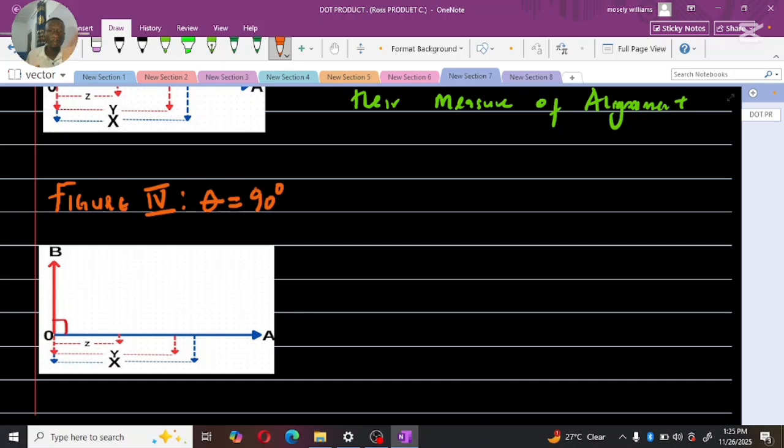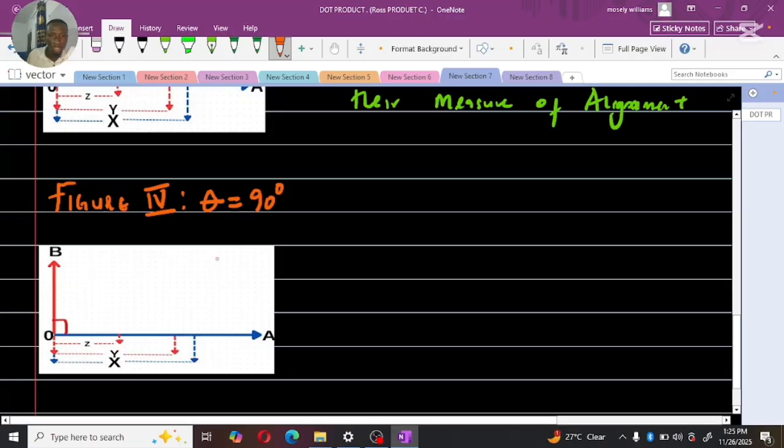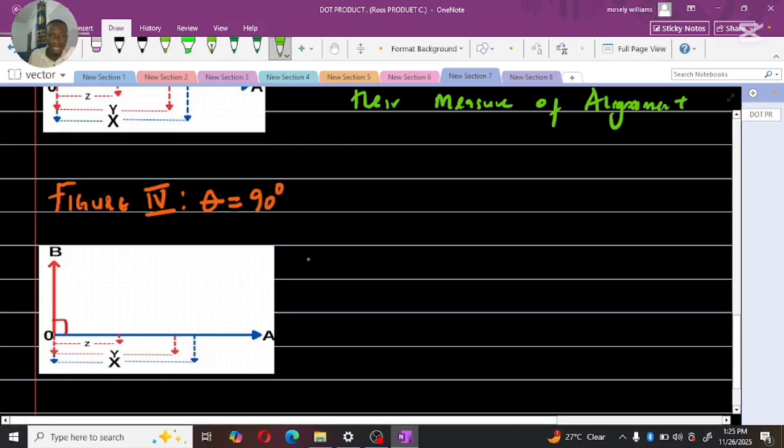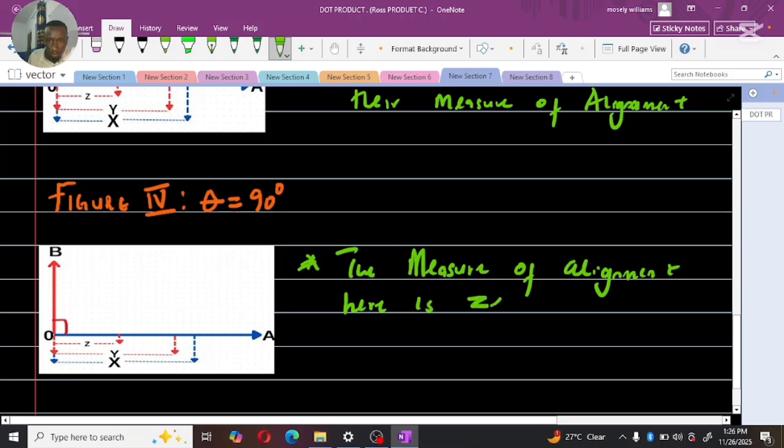What is going to happen here is that we can deduce that the measure of alignment here is 0.